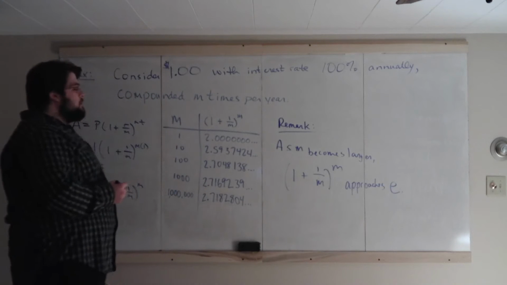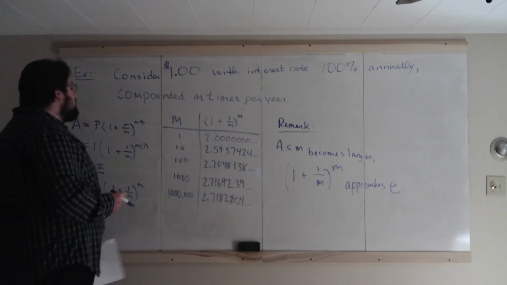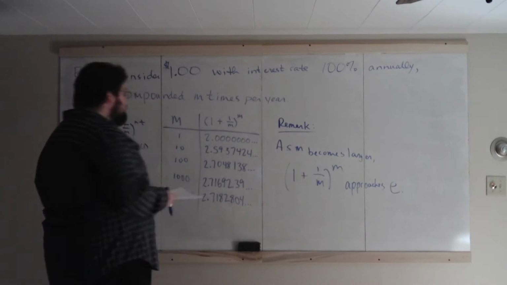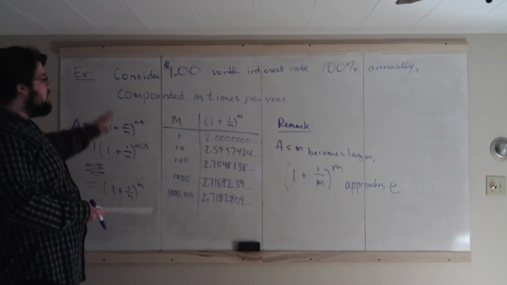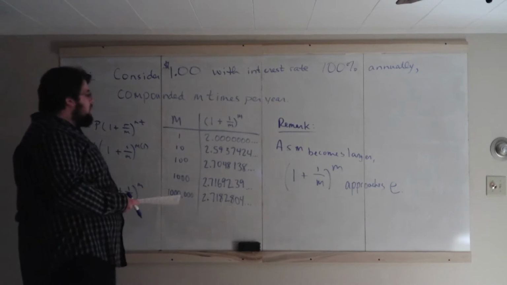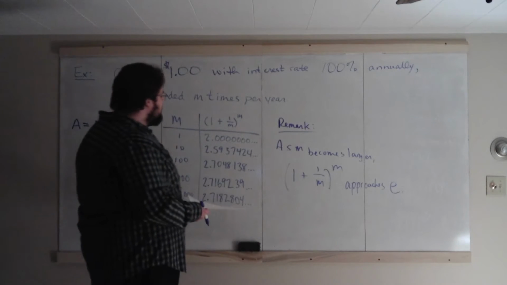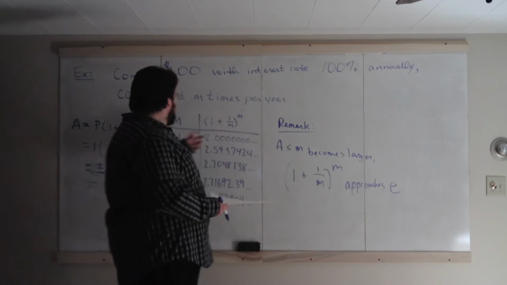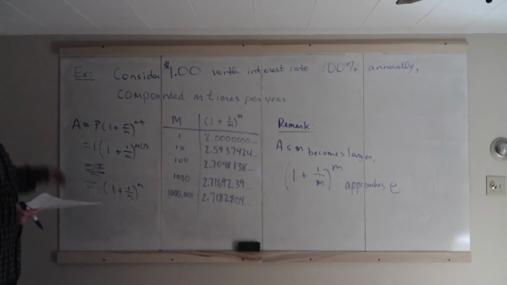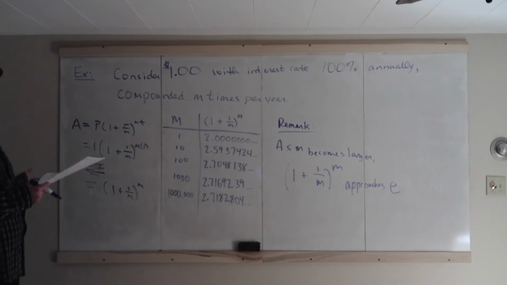But the assumption is that you have not seen calculus before. So as the number of times that the money is compounded per year increases, this yield approaches e in this case.